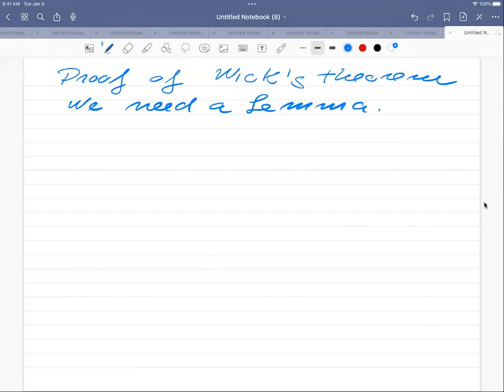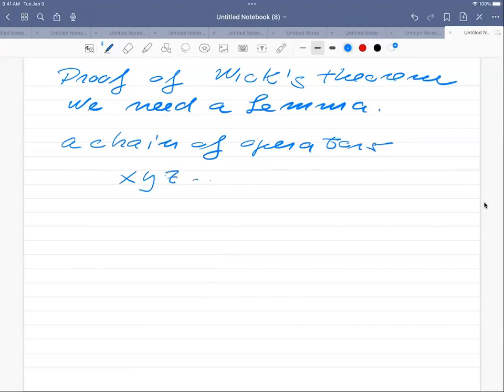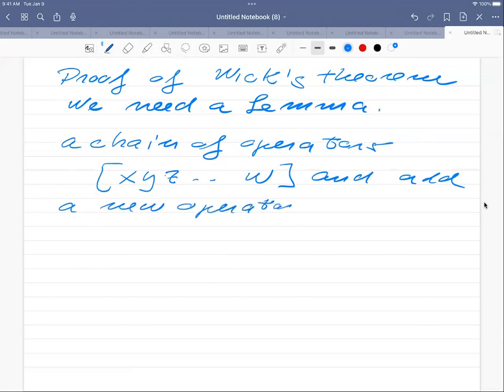So if I have a chain of operators, given by X, Y, Z to W, and then we add a new operator to the right, which we just call omega.